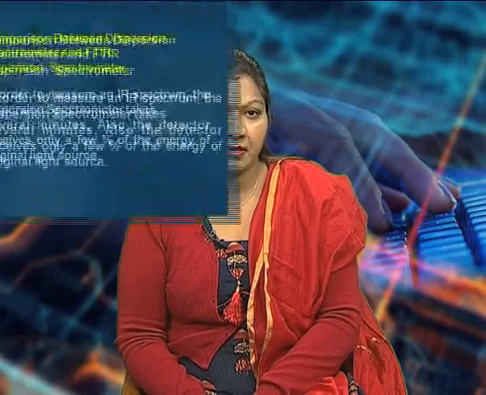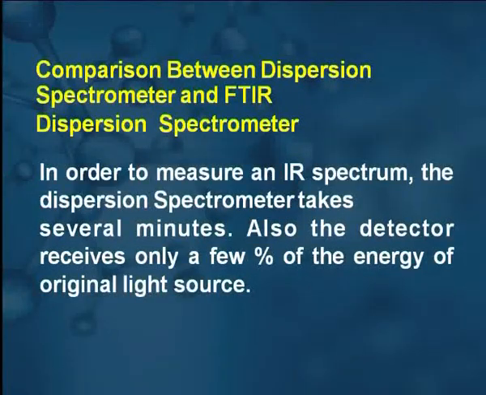In the dispersion spectrometer, we measure an IR spectrum. The measurement takes several minutes. Also, the detector receives only a few percent of the energy of the original light source. But in the FTIR, we are detecting or receiving 50% of the energy of the original light source.